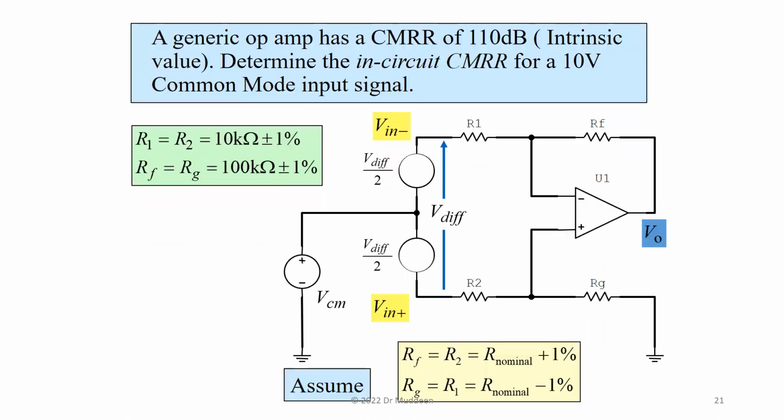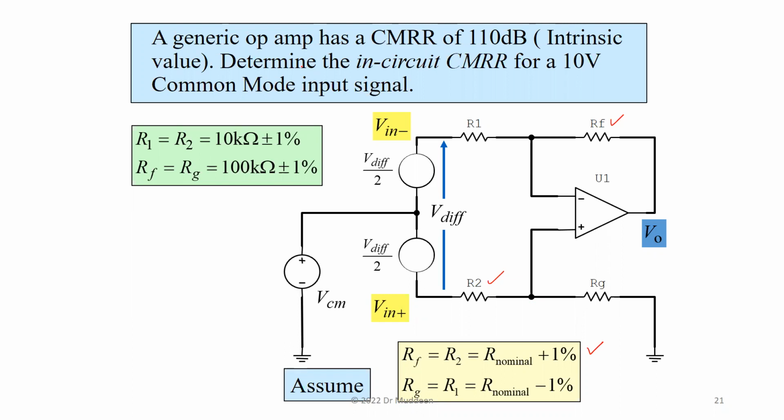Suppose for some reason RF and R2 are at the nominal value but on the high end, so they're plus 1%. Remember, they're 1% resistors, so the value could vary between, in the case of R1, 10K minus 1% and 10K plus 1%.